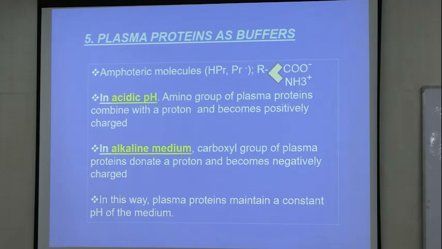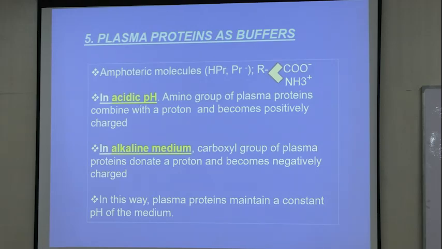The NH2 group will become NH3 plus. In that way, all the plasma proteins can participate in buffering, maintaining acid-base balance of the blood, because we know blood has to maintain a particular pH. What is that? 7.4. Slightly alkaline. 7 is neutral, so 7.4 is slightly alkaline.